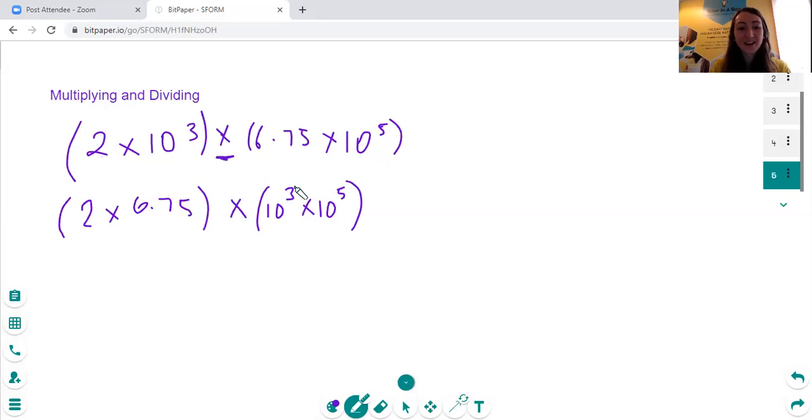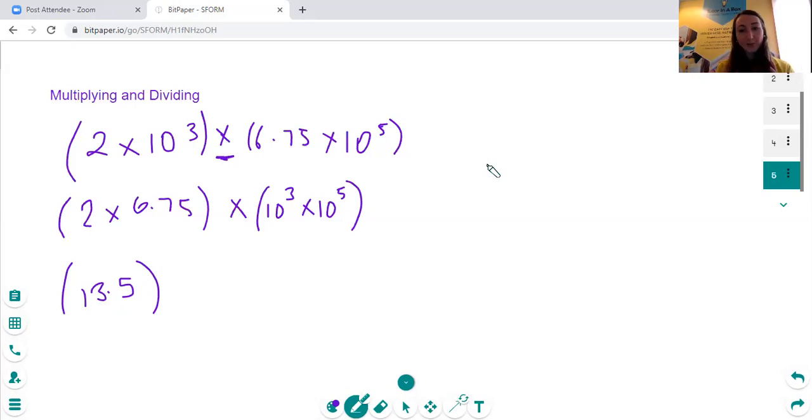Okay, so now it's just a case of working that out. So if we do 2 times 6.75, we get 13.5. And you can do that by doing 2 times 6, which is 12, and then 2 times 0.75, or 2 times 3/4, which gives you 1.5.